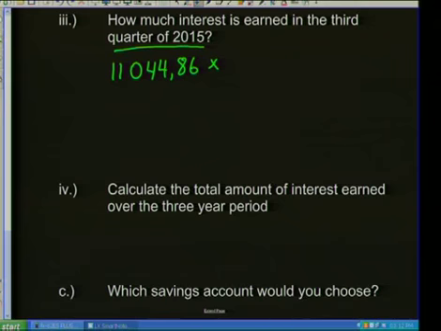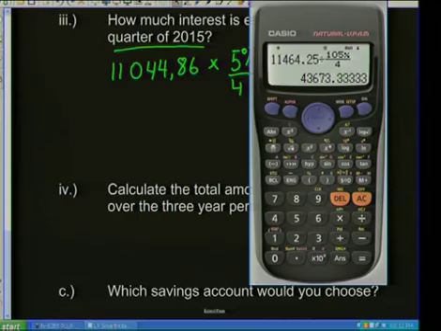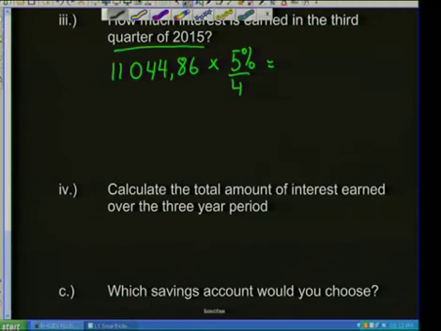So I'm going to say, well, okay, it was 5% divided by 4, and work that out. 11,044.86 times by, and let's use my fraction, 5%, the percentage button, divide by 4. And I see it's 138 Rand 06.